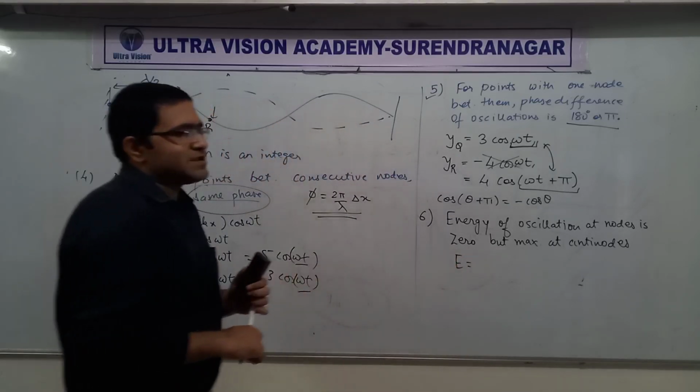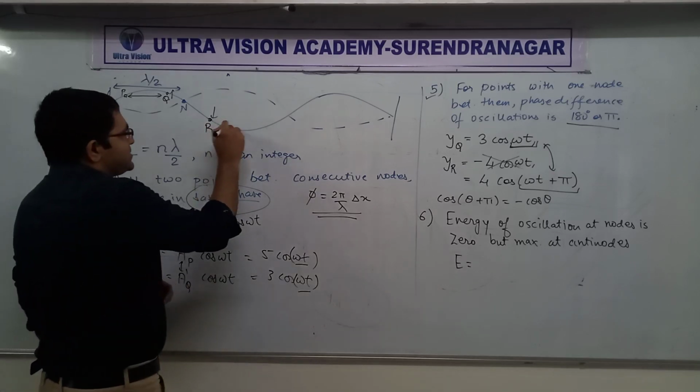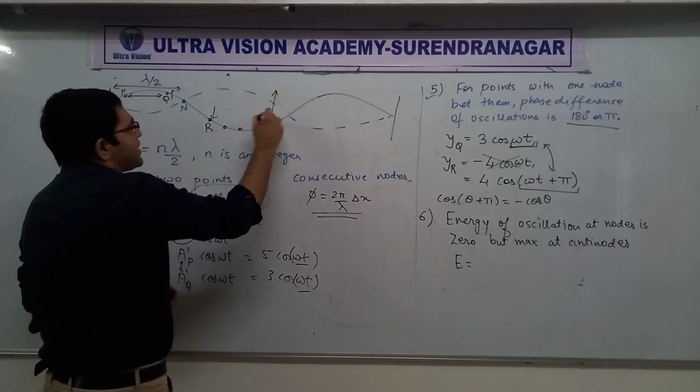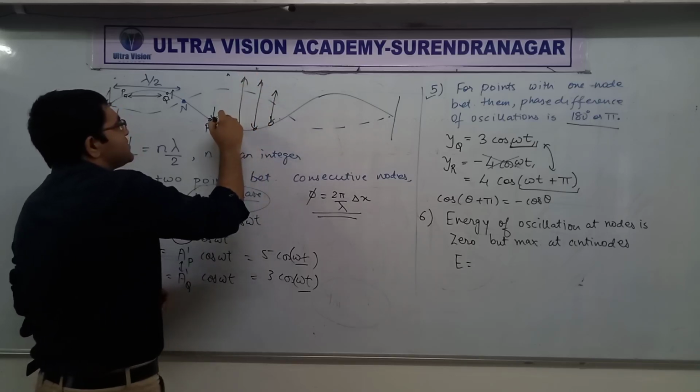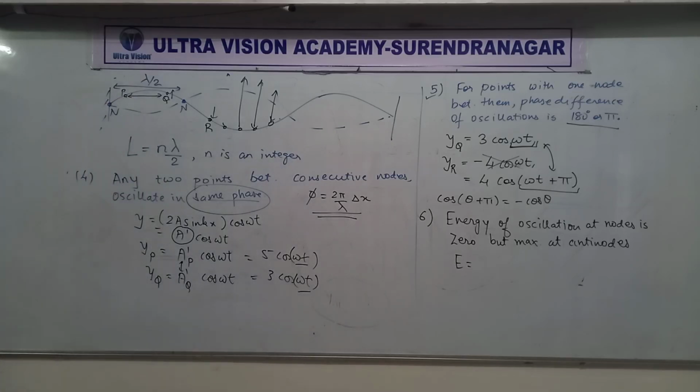Do you remember we derived in SHM E is equal to... Because ultimately all the particles here, all of them are doing SHM. Isn't it? Right? All of them are doing SHM. Very good. Jai, correct. Yes, Amrita, that's the answer to your question in fact.